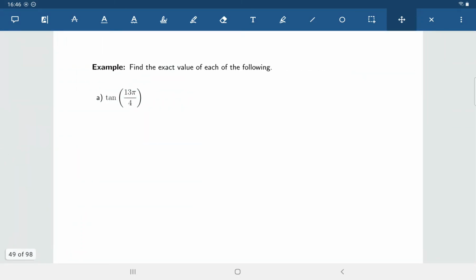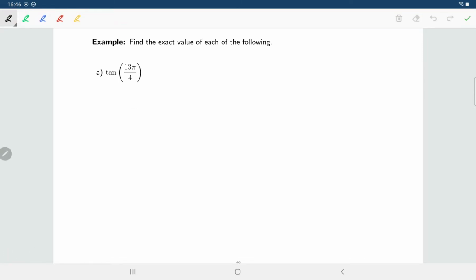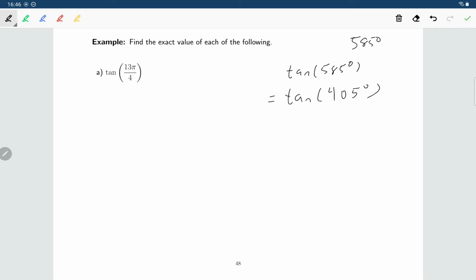Okay, so let's take a look at this here. We're looking at tangent of 13 pi over 4, which if you wanted to think about that in terms of degrees, that's 585 degrees. So if you were thinking about tangent of 585 degrees, that would be the same as going back 180 degrees from that, because tangent has a period of 180.